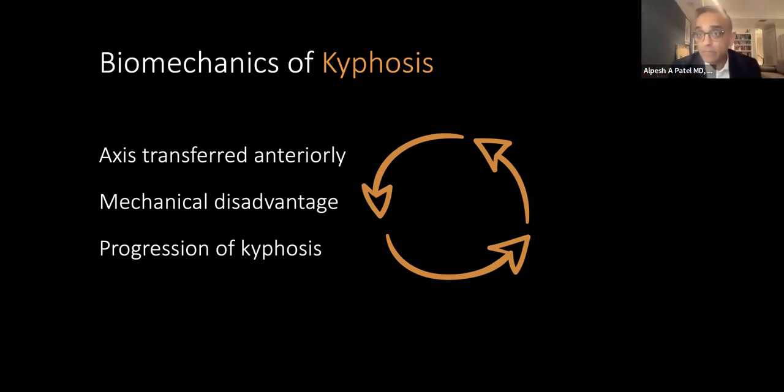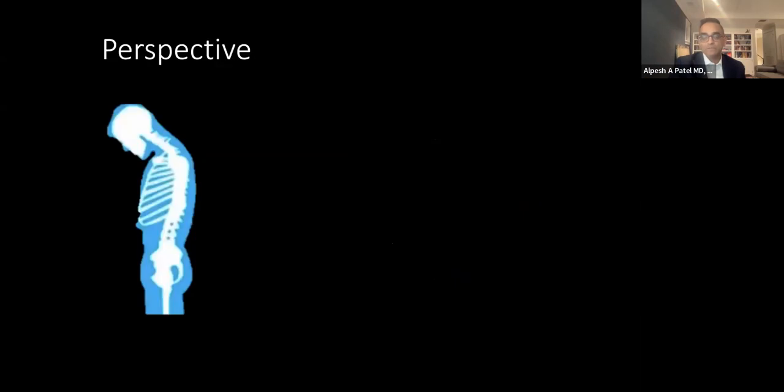The balancing cervical musculature is at a complete mechanical disadvantage, because it's been stretched probably beyond its optimal fiber length. And so that begets more kyphosis, which leads to more load transfer anteriorly, which leads to this mechanical disadvantage, and so on, which is why kyphosis is a self-fulfilling prophecy once it starts.